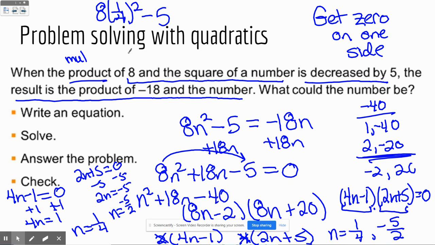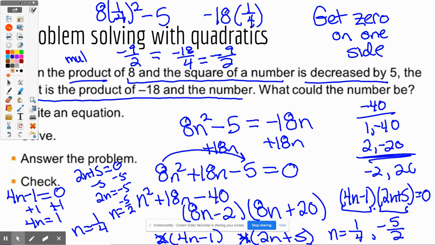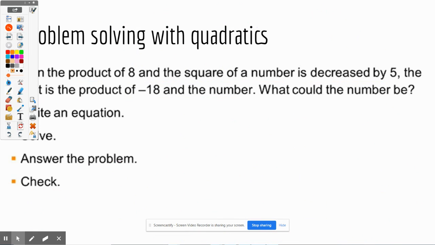And my battery says it's low. We're going to hope it works out here. Does that equal -18 times 1/4? Yeah, -18 times 1/4 is -18/4, which is also -9/2. So they are equal, and this one works. Try the second one as well, and you'll get the same answer, but I'm kind of all out of work room here, so we're just going to assume that that second one is right.